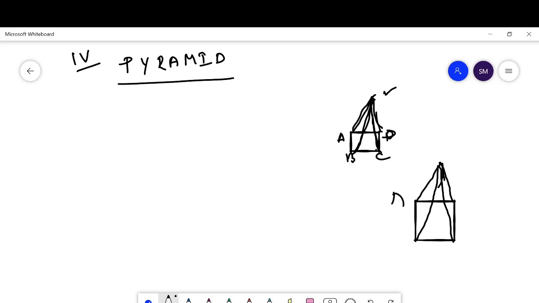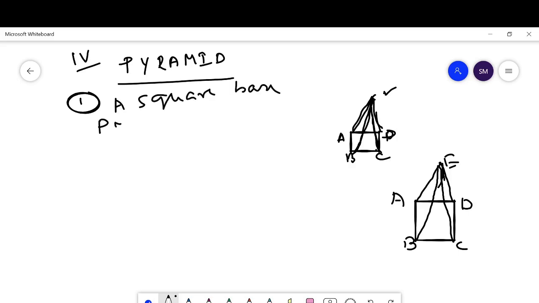Suppose this is A, B, C, D and this is E. The features of the square base pyramid: a square base pyramid has 5 vertices and 5 faces.